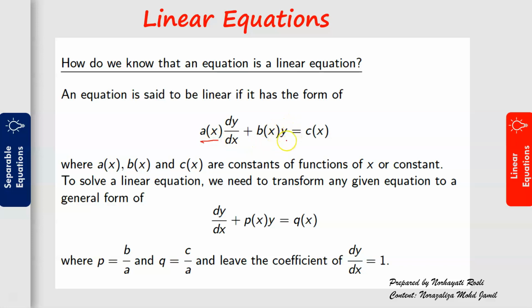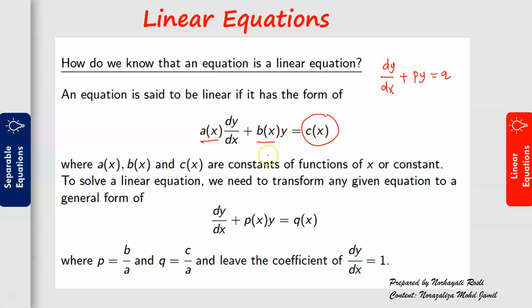Multiplication involving y is only a function of x as well, and it is equal to some function of x, where a(x), b(x), and c(x) are constants or functions of x. And to solve this linear equation, we need to transform this into the general form dy/dx plus py equal to q, where p and q are also functions of x.